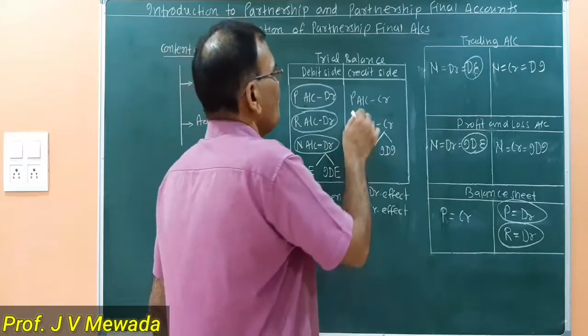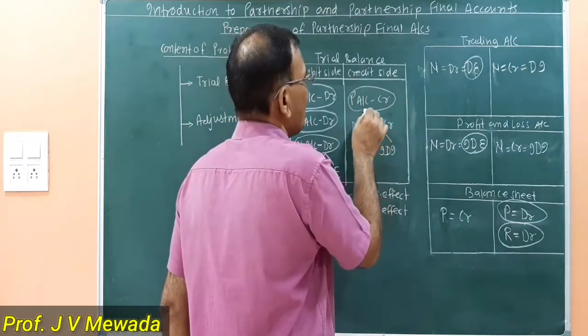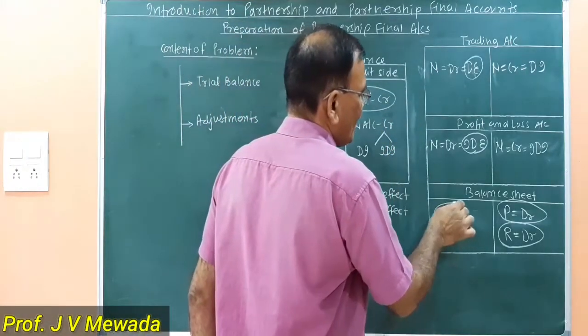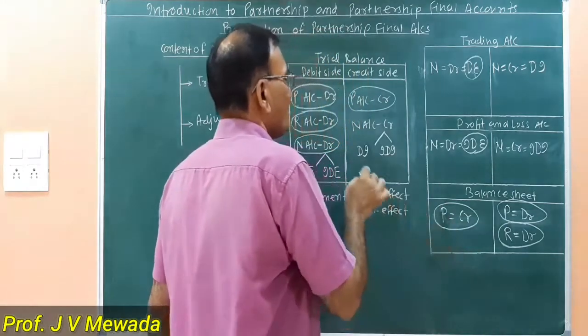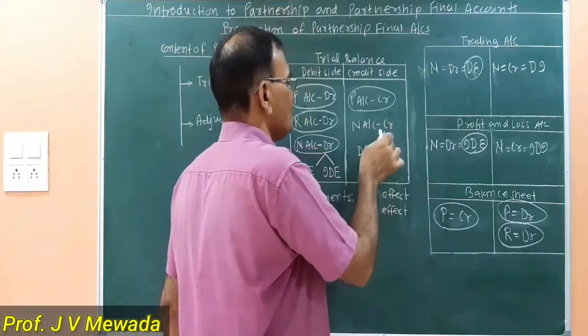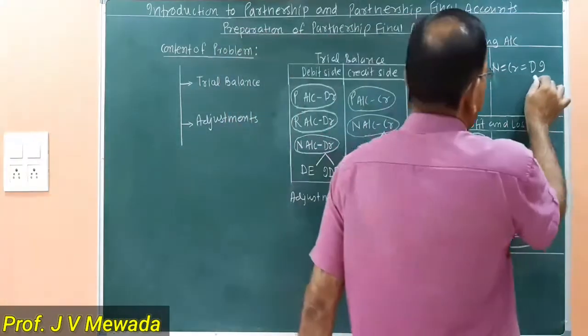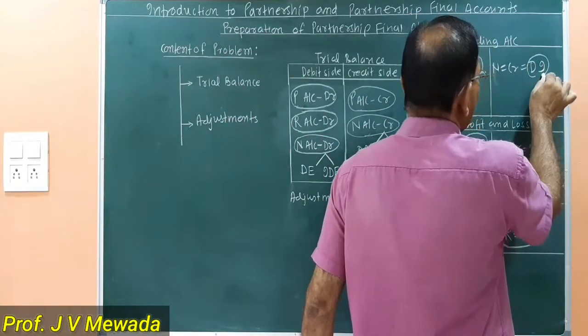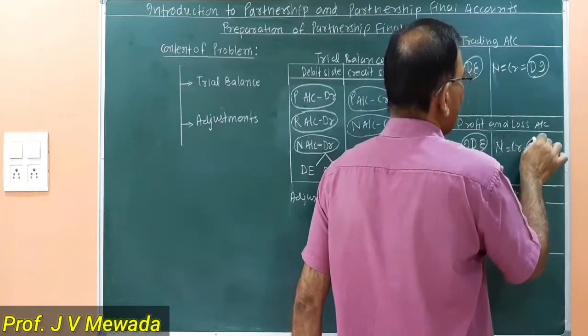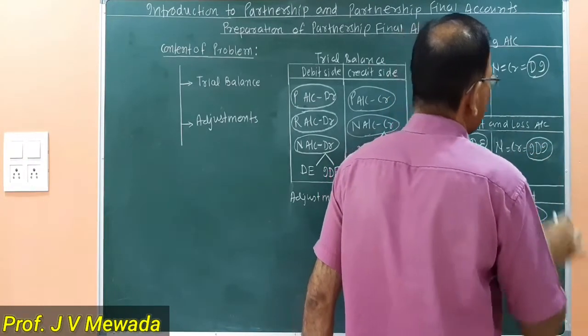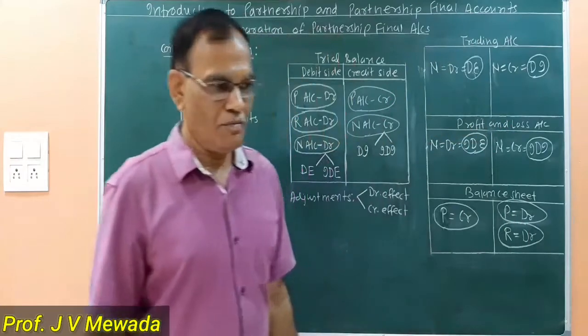Same way, personal account credit balance means liability, so it is transferred on the liability side. And nominal account credit balance means income, so we have two incomes, direct income which appears in the trading account on credit side and indirect income which appears on the credit side of profit and loss account.